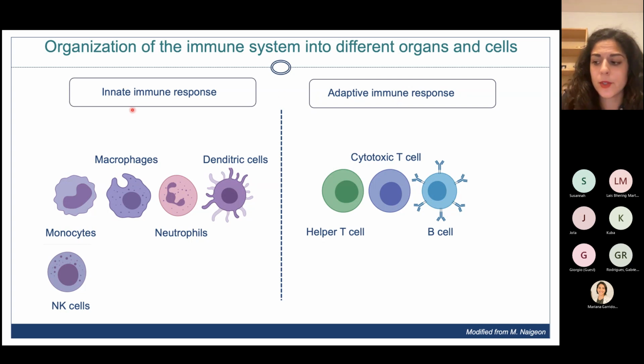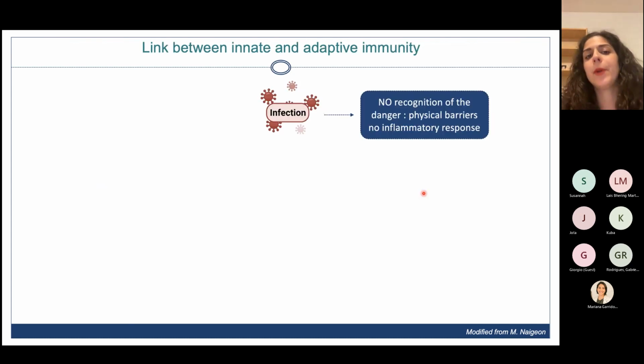In the innate immune response, you have monocytes, macrophages, neutrophils, dendritic cells, NK cells, so lots of different cells. And in the adaptive immune system, basically you have the T cells, 2 sorts of T cells, and B cells.